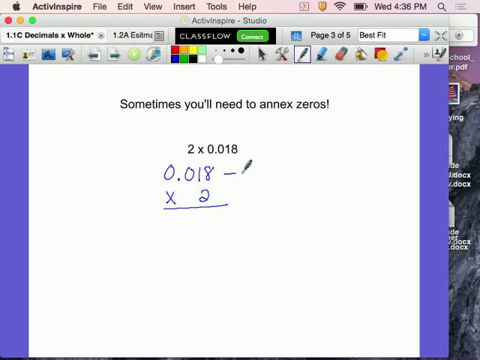And estimate. Alright, again, like the other class, this 18 thousandths is super small, and so it's anywhere between 0 and 1. So you have to keep that in mind when you're trying to use your estimate later. So this is either 0 or 1. So let's put 1. So it's either 1 times 2 or it's 0 times 2.